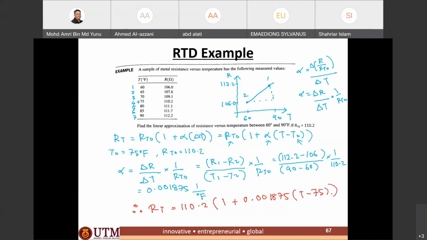So that's the equation to look at the RTD approximation.